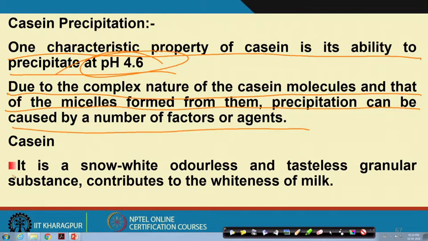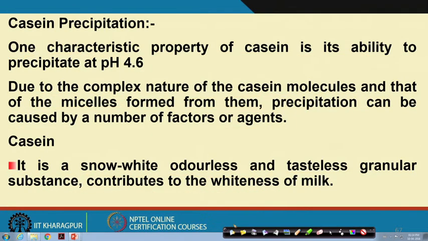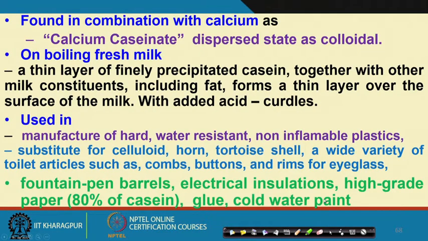It is a snow white, odorless, tasteless, granular substance, contributes to the whiteness of the milk. It is found in combination with calcium as calcium caseinate, in a dispersed state as colloidal suspension.